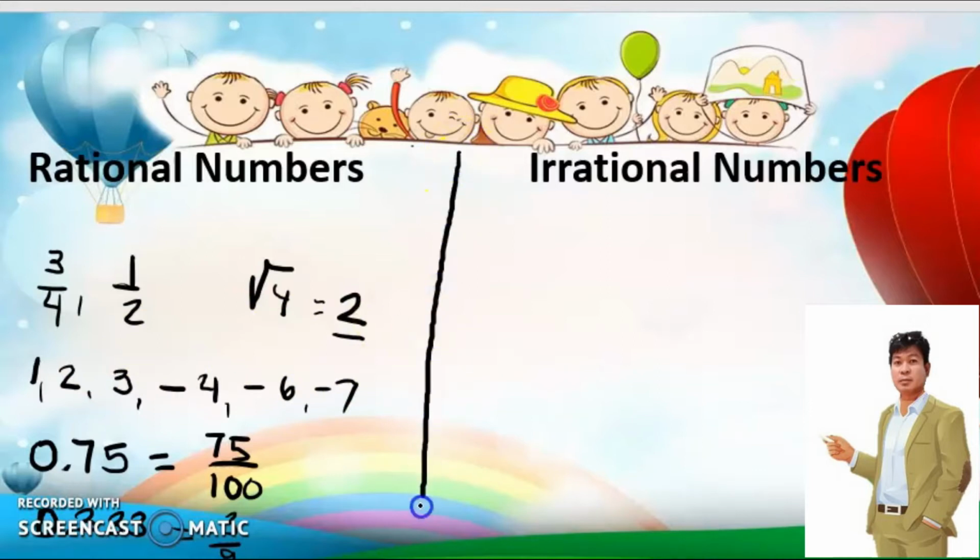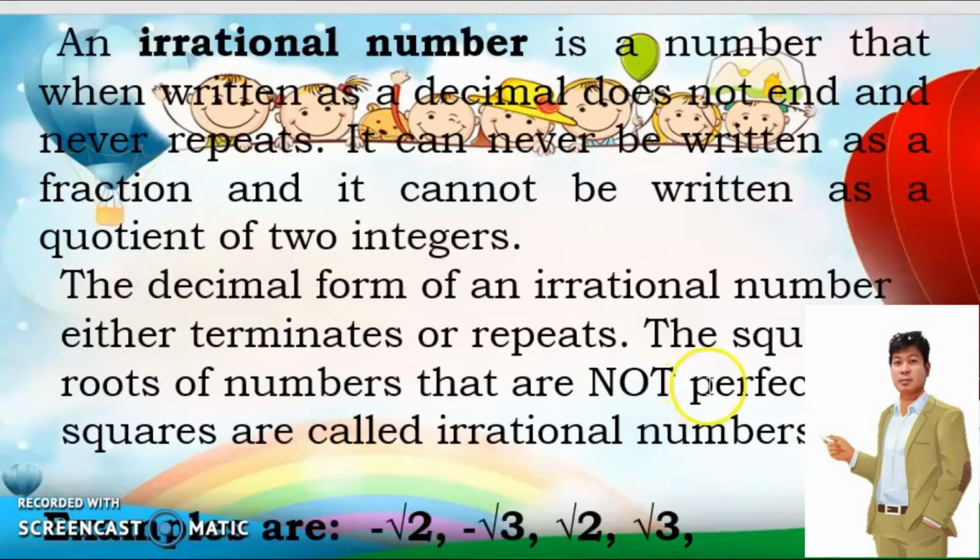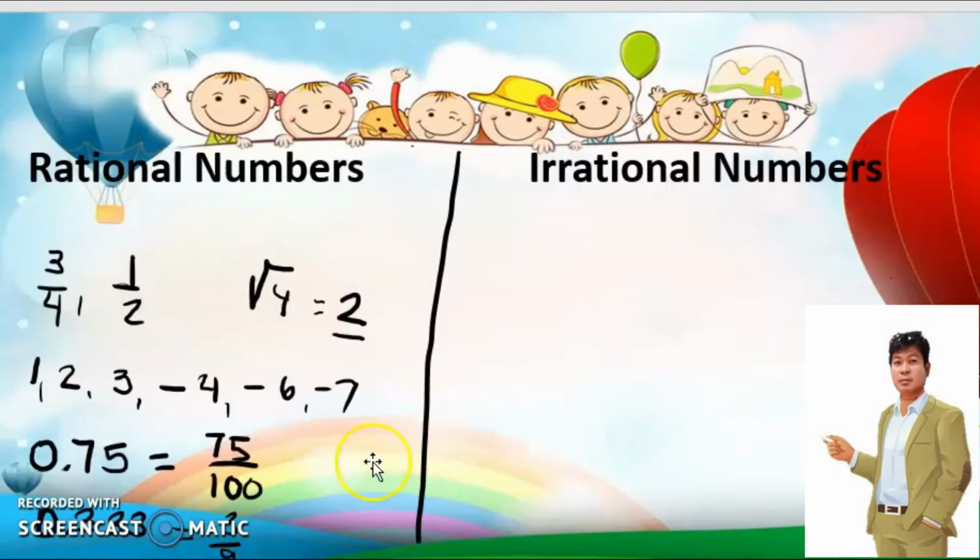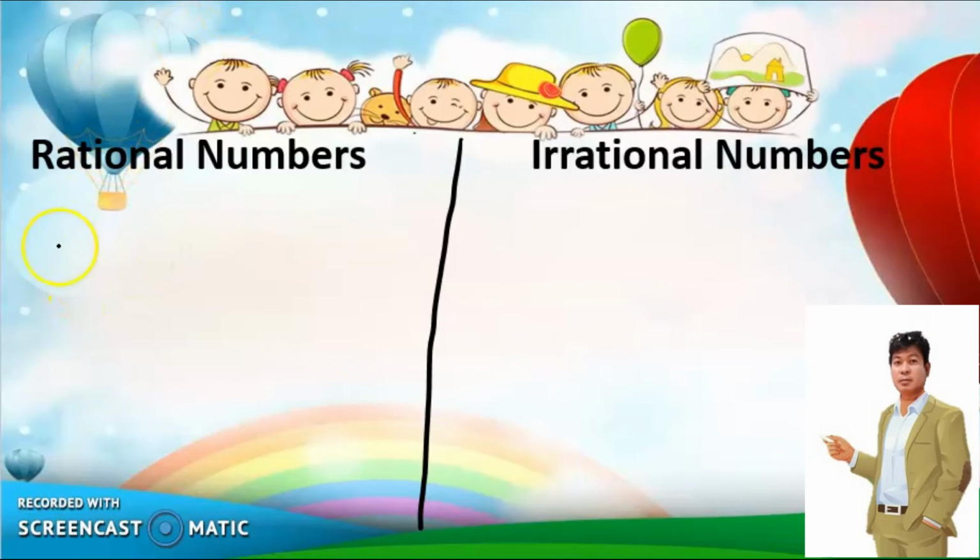How about irrational numbers? What are irrational numbers? So according to this, again, an irrational number is a number that when written as a decimal does not end and never repeats. It can never be written as a fraction and it cannot be written as a quotient of two integers. Another example is, let's say, 0.17 repeating.